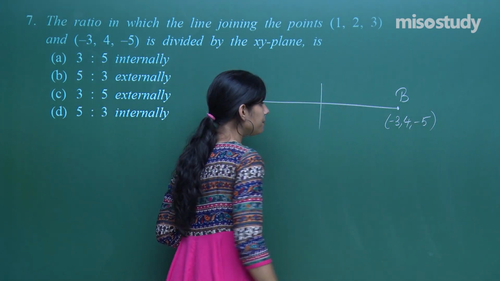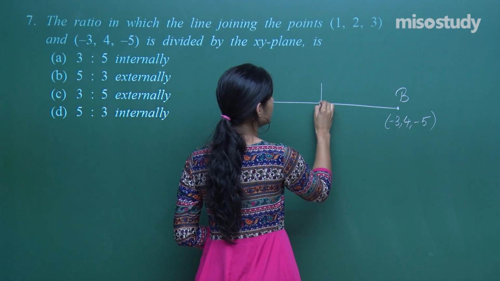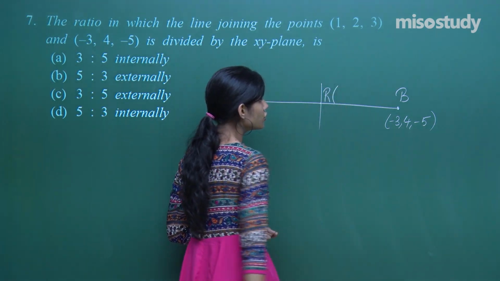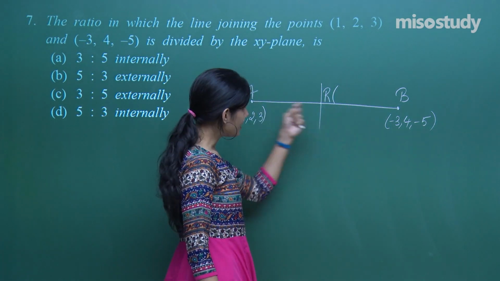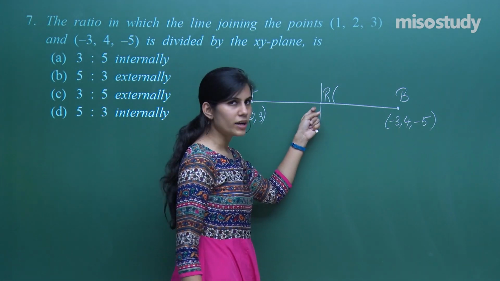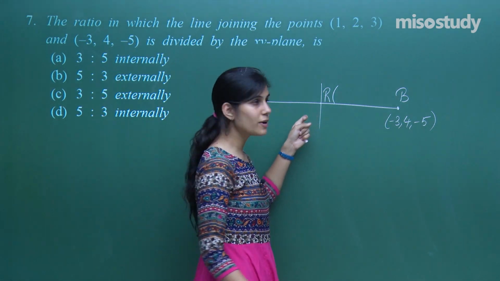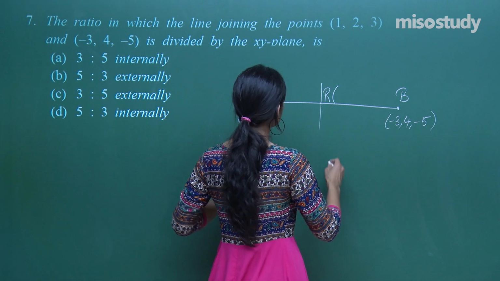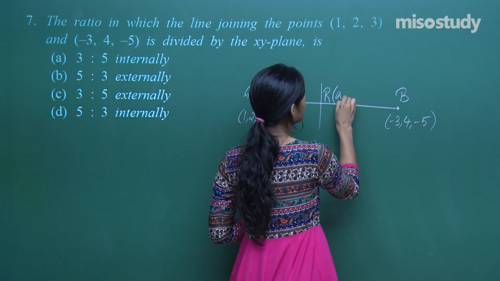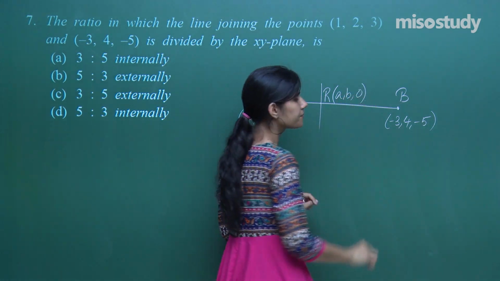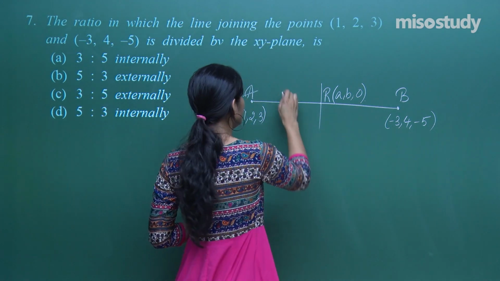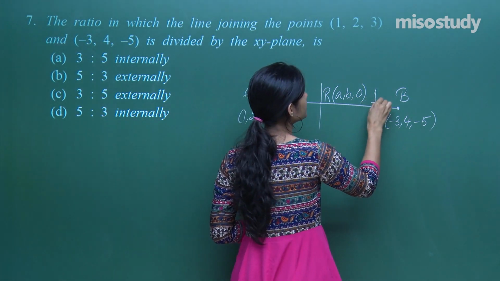And the xy plane is dividing this line, suppose at point R. So if the xy plane is dividing the line segment joining A and B at point R, that means this point is lying on the xy plane. If it is lying on the xy plane, obviously its z coordinate is 0, right? Let it divide in the ratio lambda is to 1.